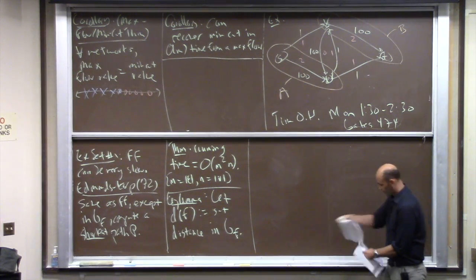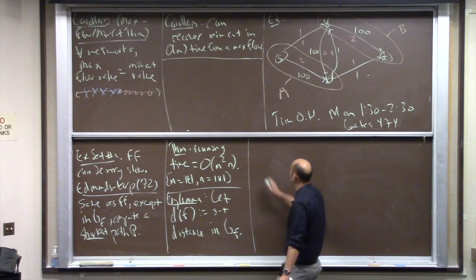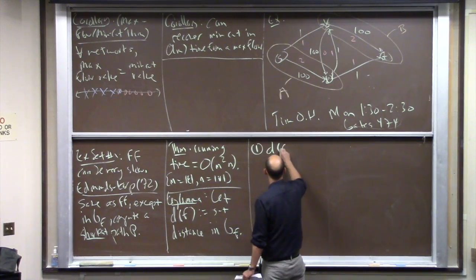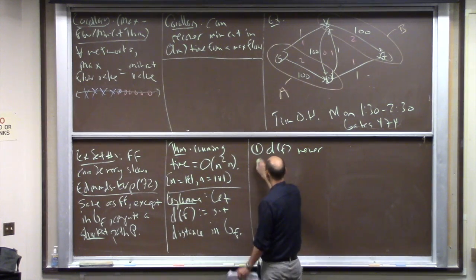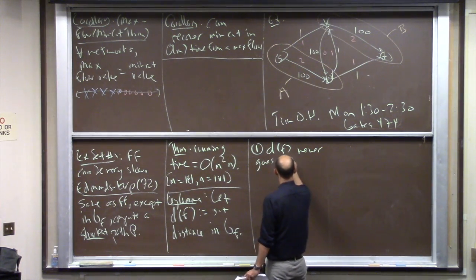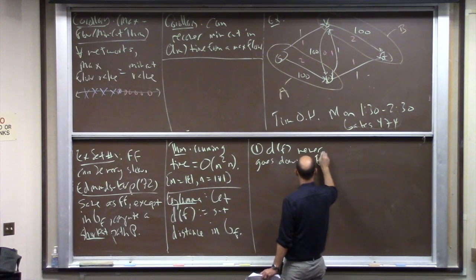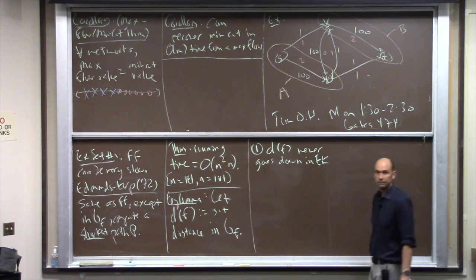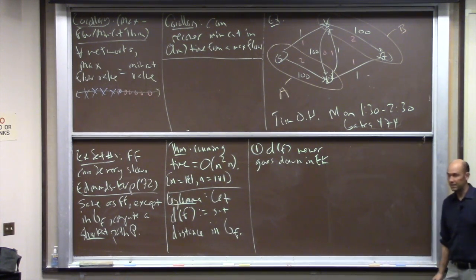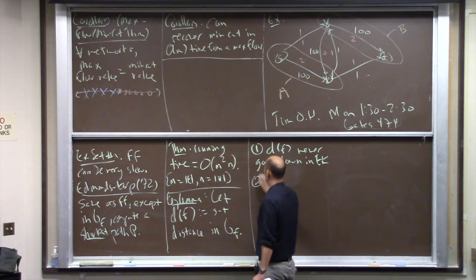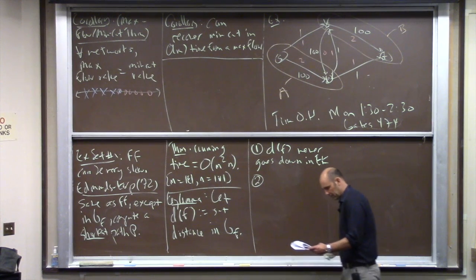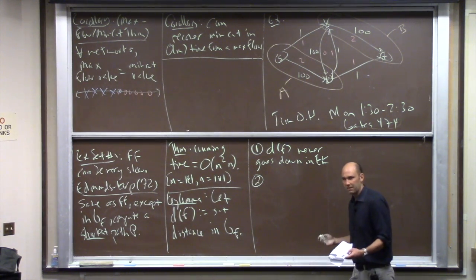All right, so what's the assertion? So first of all, d of F never goes down in the Edmonds-Karp algorithm. So it might stay the same, but it doesn't go down. Now, if it stayed the same forever, that would bode ill for us. So we have to say that it goes up at least sometimes.